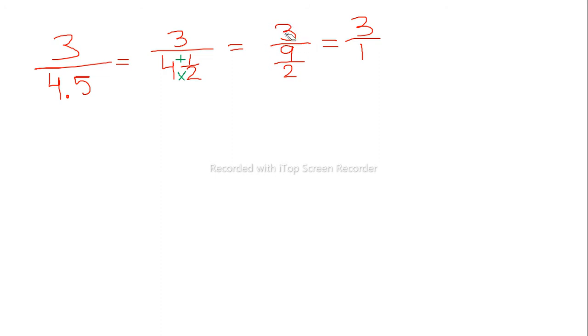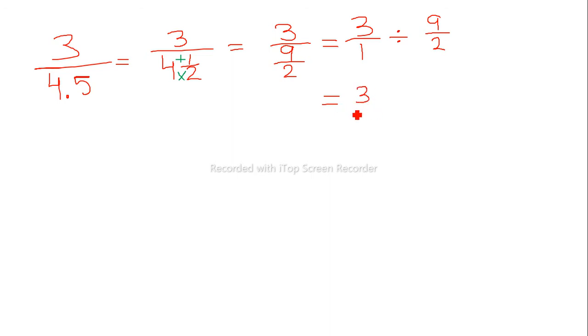So we're saying 3/1 divided by 9/2. Now this is going to be equal to, remember what we do when we divide fractions.